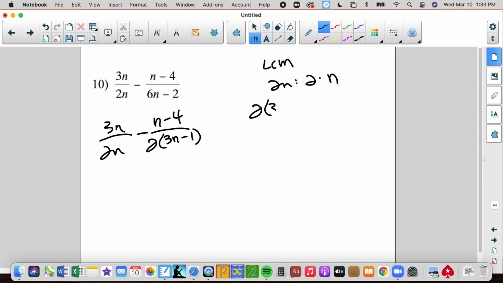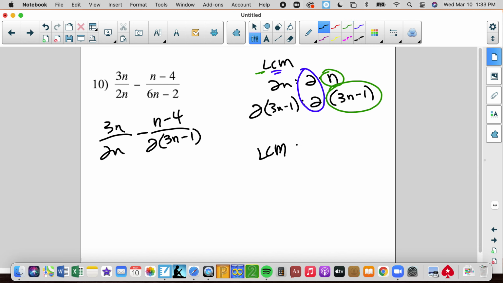And then we have 2 times 3n minus 1, which is the prime factorization. What do they have in common? A 2. What do they have left over? An n and a 3n minus 1. The LCM is going to have what they have in common and then what they have left over.